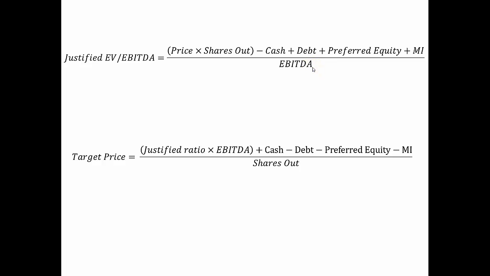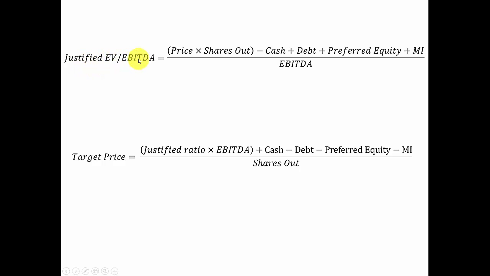What is this formula really relating? Well, when you analyze a stock using relative valuation, what you do is you develop a set of peers, and you're assuming that those peers are appropriately priced, and the stock that you're analyzing is most likely not appropriately priced. Using those peers, if you decide this is the best multiple to use, then you take the multiple from the peers, and that is your justified enterprise value to EBITDA.